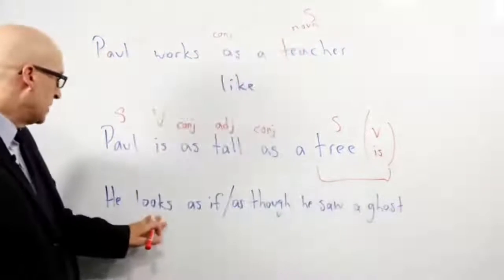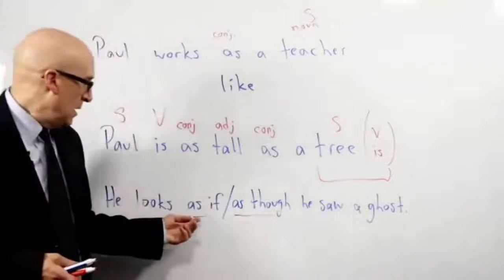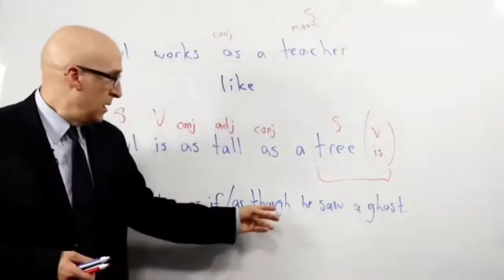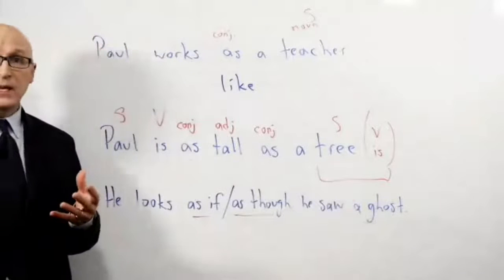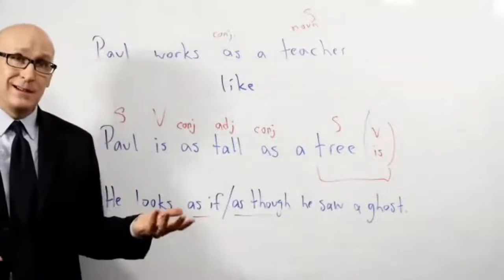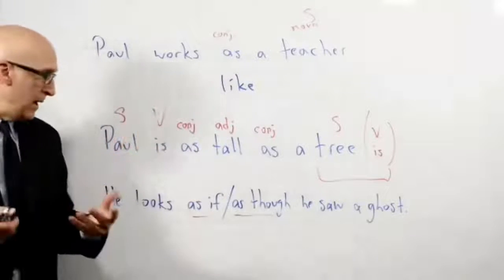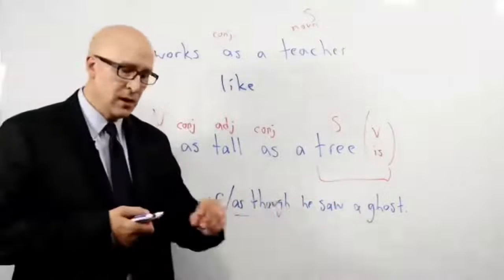Okay? He looks as if or as though, two different options, as and as he saw a ghost. And it's a way of making a simile, a comparison between two things that are not similar. So his appearance, he's really surprised. Why? He looks as though he saw a ghost.